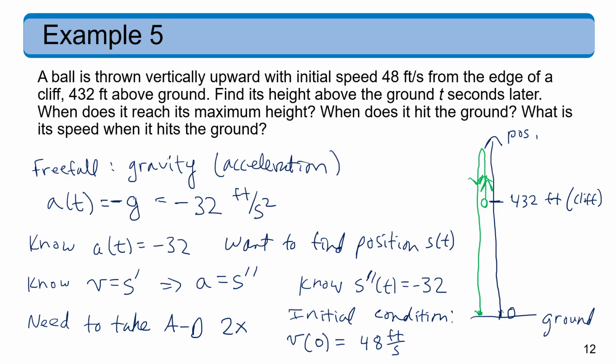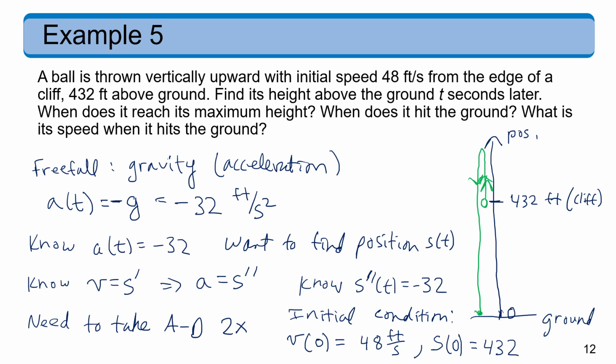We were told the position of the ball when it was thrown. So for that condition, s is position, then we plug in time 0, so the position at time 0 is, and we can see from our picture, 432. That's the location of the top of the cliff.